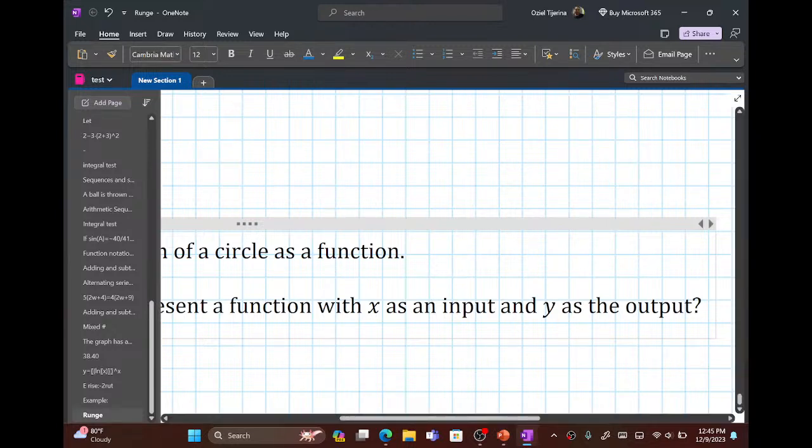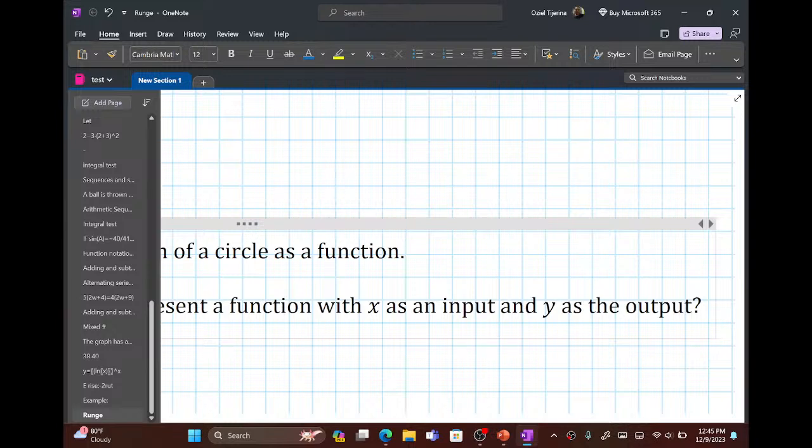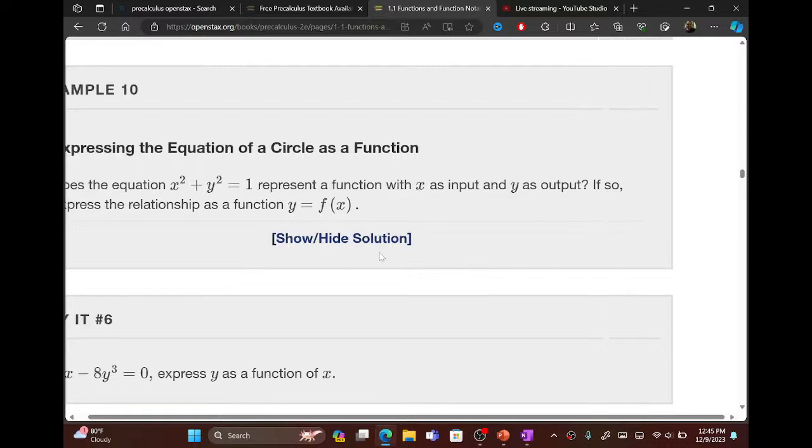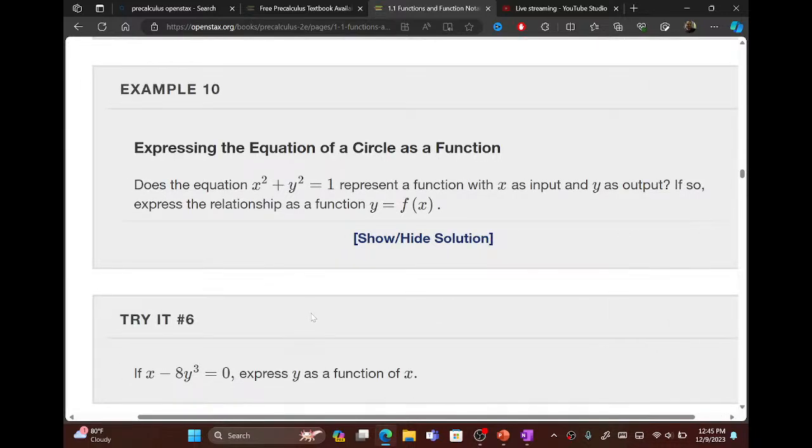And then what else does it say? If so, express the relationship as a function y equals f of x.